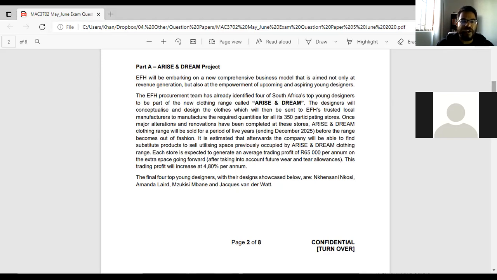The trading profit will increase at 4.8% per annum. Okay, so there you can see the trading profit will be 65,000 per annum. Now that is per store, okay?